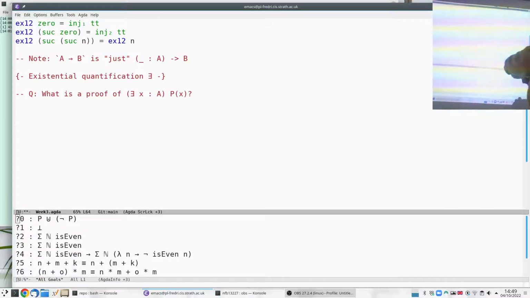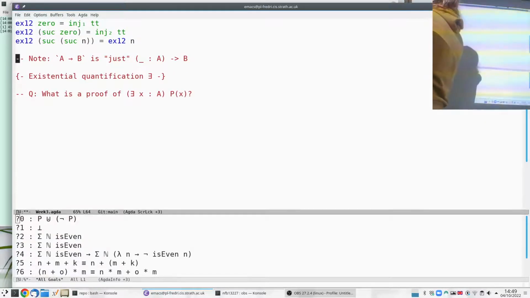Okay, so one observation is that the implication we had before, A implies B, is just the same thing as a universal quantification where we don't care about the proof. That's by looking at the types. So these are the functions which are non-dependent.